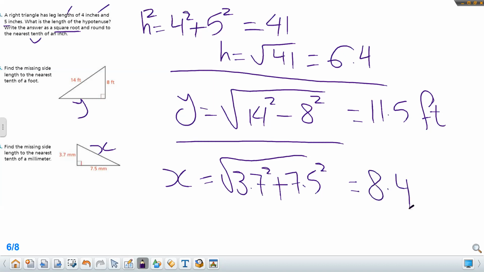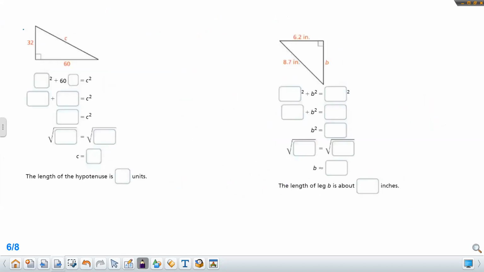Okay. Next one. Here the idea is to complete. Here you have a right angle triangle whose legs are 32 and 60, but the hypotenuse is C. Complete with me.